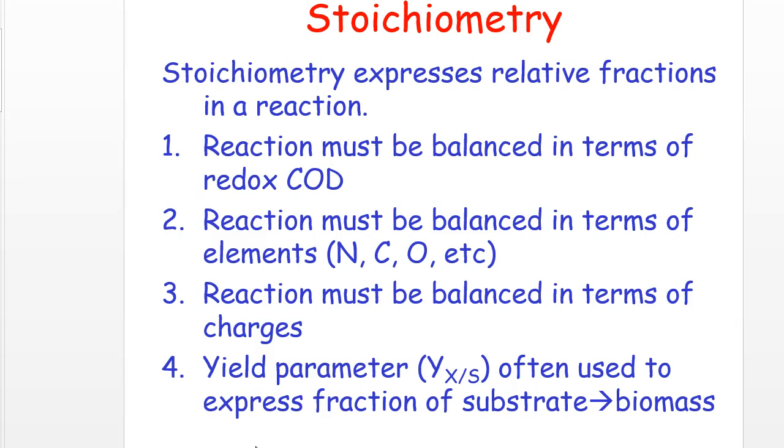But the reactions also must be balanced in terms of the elements and charges. Now then, since we have models with different types of components, we use yield as a way to compare or express how different components in the model interact.